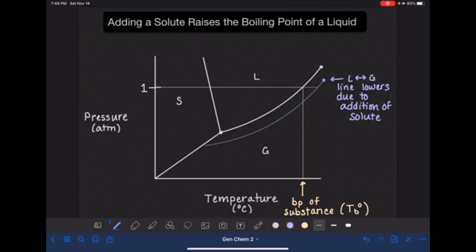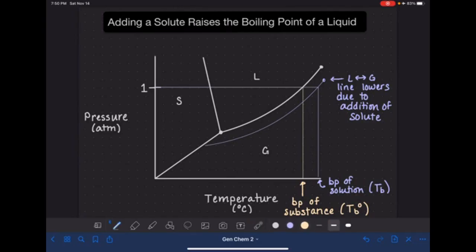And then we would drop that down to find the corresponding temperature, which has now been raised. It is now over here. So this is the new boiling point, the boiling point of the solution due to the addition of whatever this solute is. And we'll indicate that as T_B without the degree symbol because it's no longer representing a pure solvent.